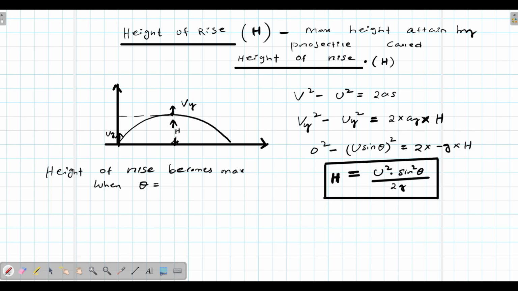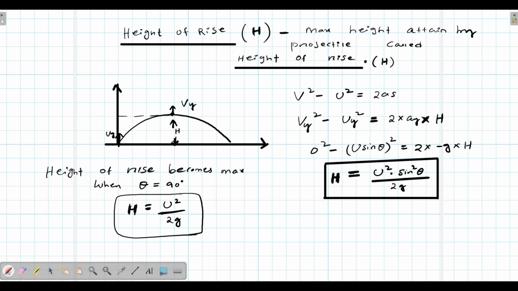So H equals U square sine square 90 divided by 2g. So height of rise equals U square divided by 2g. That is the maximum height of rise.